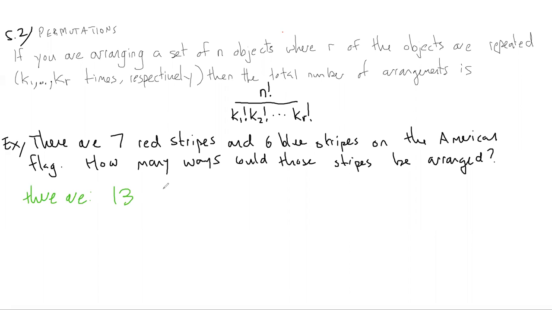So basically there are 13 places for the stripes. Or 13 objects, or 13 stripes. I guess it would be maybe even easier to think of it if I don't want to use that putting things in places method. So there's 13 stripes. And as far as repetitions, let's be color specific here.